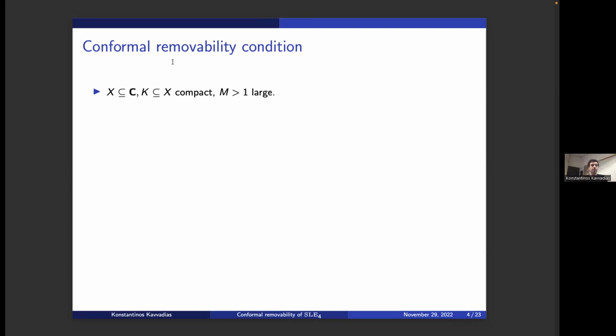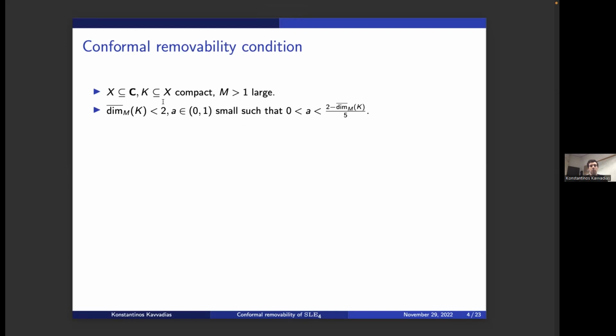So here we start with a set X in the complex plane, and we fix a compact subset K of X, and we take M to be very, very large, but fixed. Here we require that the upper Minkowski dimension of K is strictly less than 2.